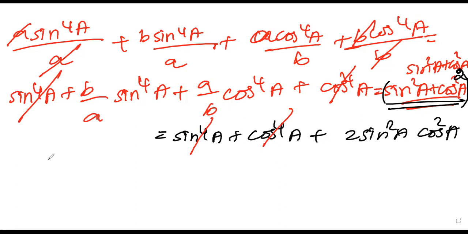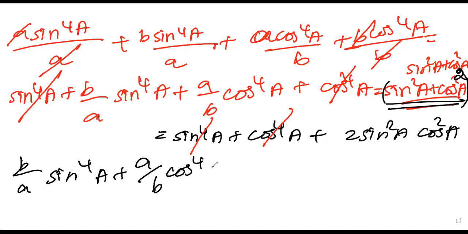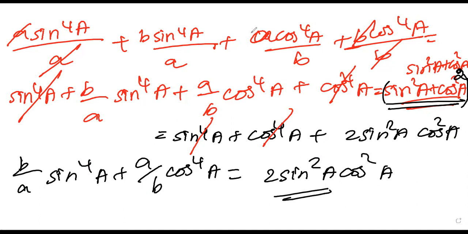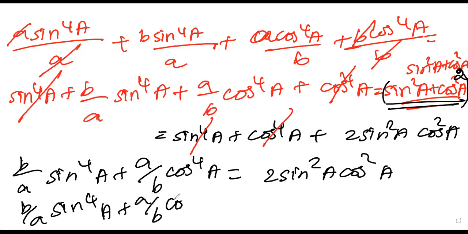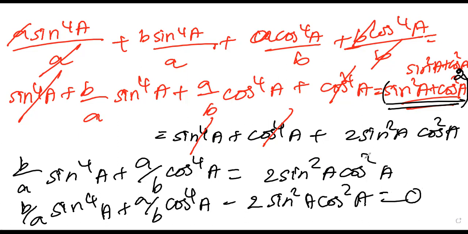We'll be having (b/a) sin⁴A + (a/b) cos⁴A is equal to 2 sin²A cos²A. To take this to the left side, (b/a) sin⁴A + (a/b) cos⁴A − 2 sin²A cos²A is equal to 0.